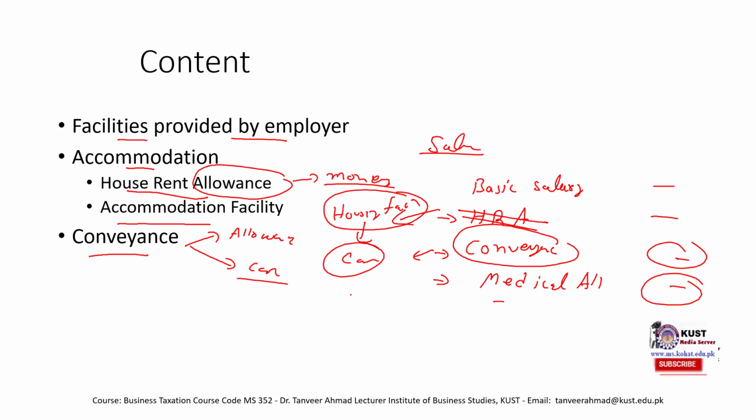Or the employer might say that they would provide you an insurance, medical insurance, health insurance, and that insurance facility would be from the employer side. Or you can incur the medical expenses, and then the employer would reimburse them. The idea is that for each kind of facility, there are two ways the employer can give you a benefit. Either they can pay you the money, or they can give you the facility.